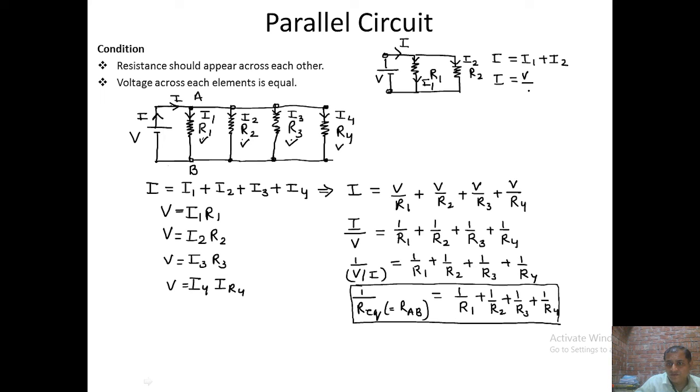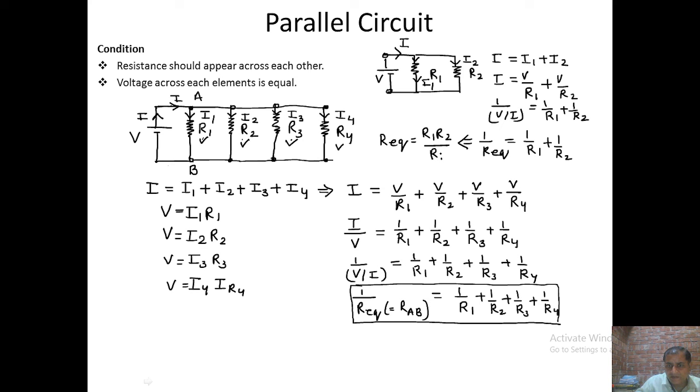So V by I is 1 upon R equivalent is equal to 1 upon R1 plus 1 upon R2. This can be written as R equivalent is equal to R1 R2 divided by R1 plus R2. This is the formula if two resistors are connected in parallel.